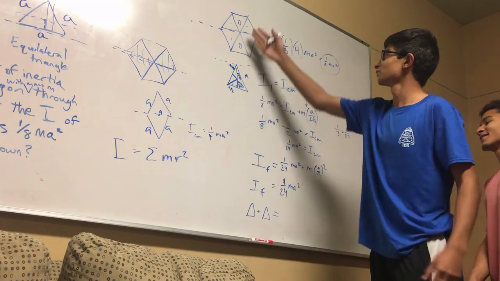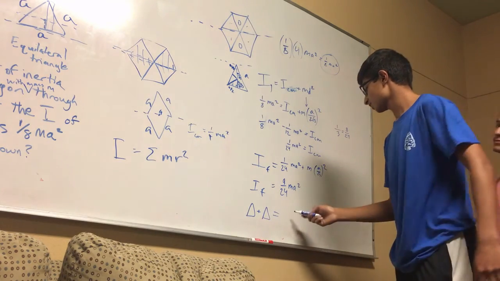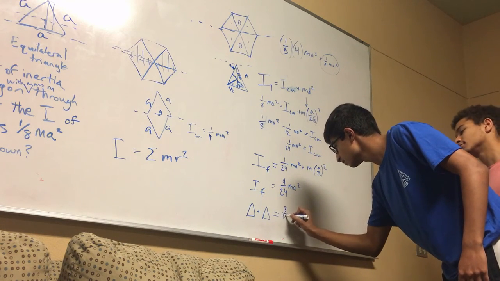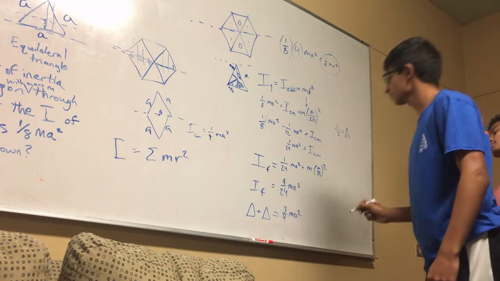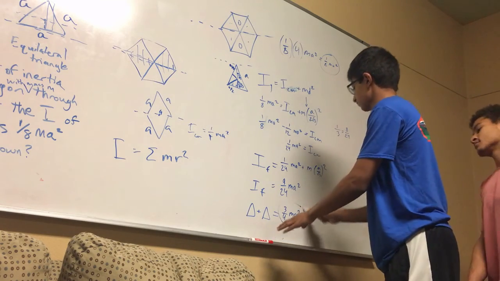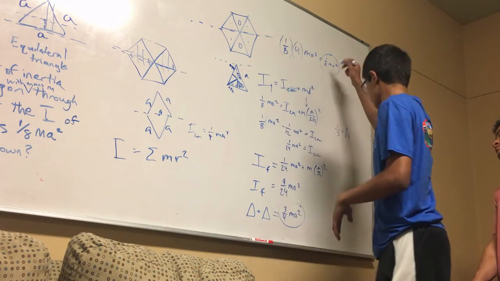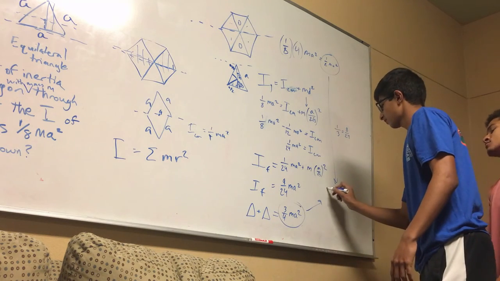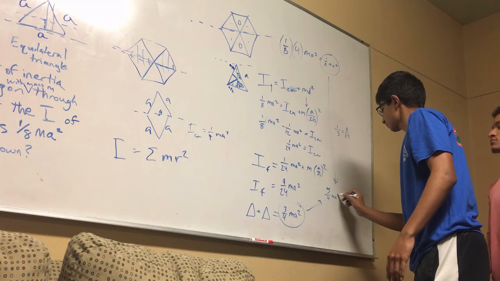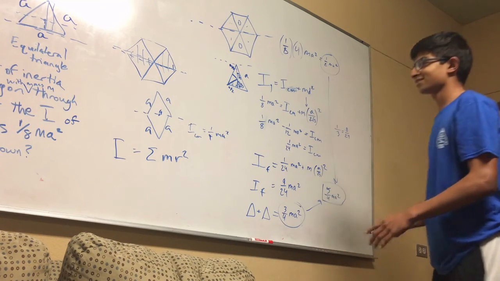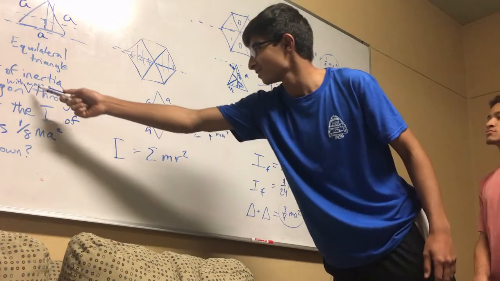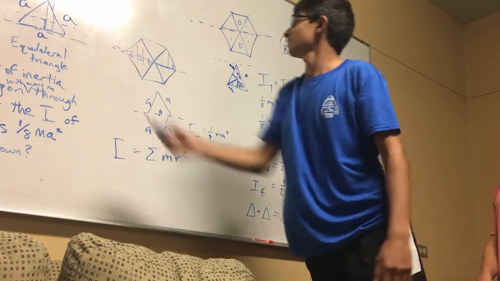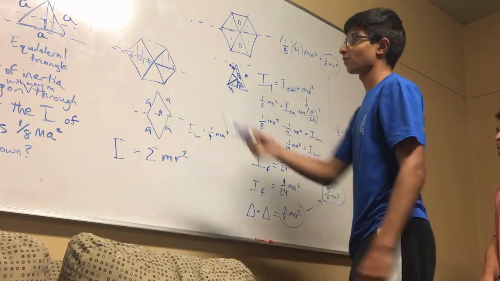Since we have 2 of these triangles, we multiply the quantity by 2, and that gives us 18 over 24, which is 3/4 ma squared. Now we have this moment of inertia and this moment of inertia, and if we bring these two together, we can sum them up, and that gives us 5 over 4 ma squared. But if you look back right here, it says that the mass of the regular hexagon is m, and the mass of the equilateral triangle that we're solving for is also m.